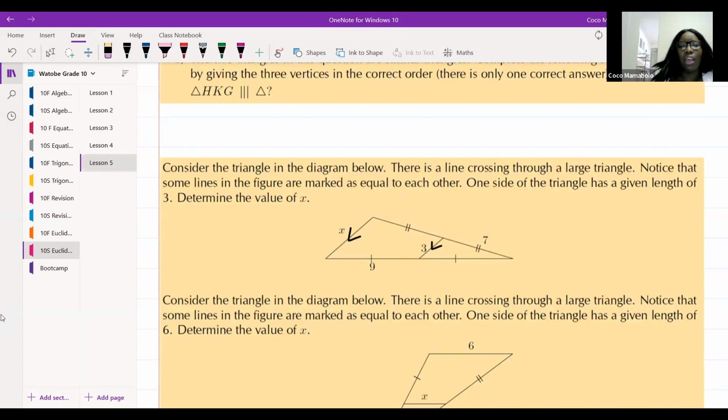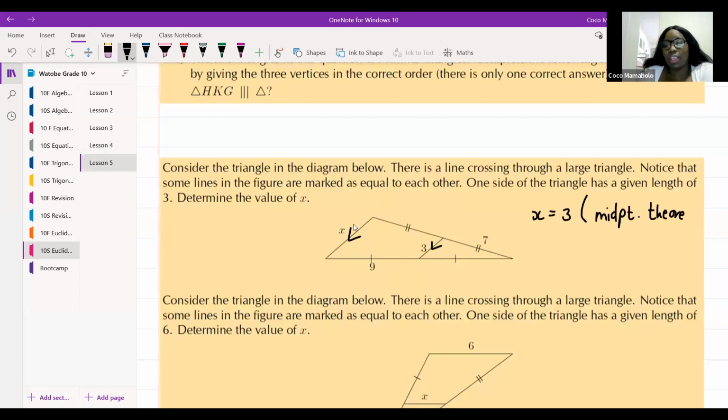So it says here, consider the triangle. There's a line crossing in the large triangle. Notice that some lines in the figure are marked as equal to each other. One side of the triangle has a given length. Determine the value of x. This is so easy, guys. We don't even have to do very much because they haven't even labeled it for us. We're just going to say x is equal to 3 as per the midpoint theorem.